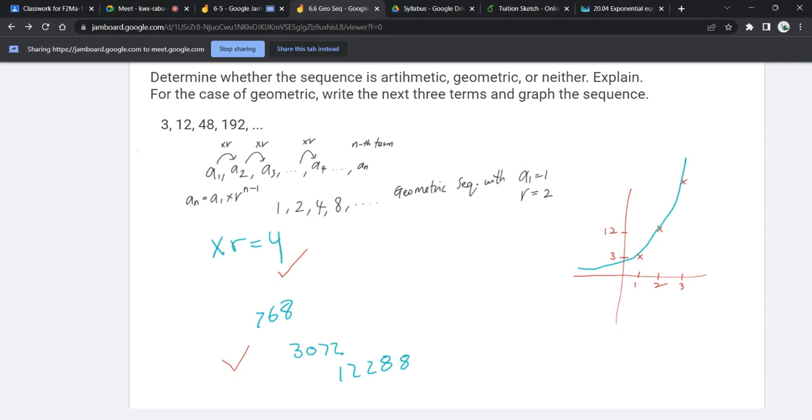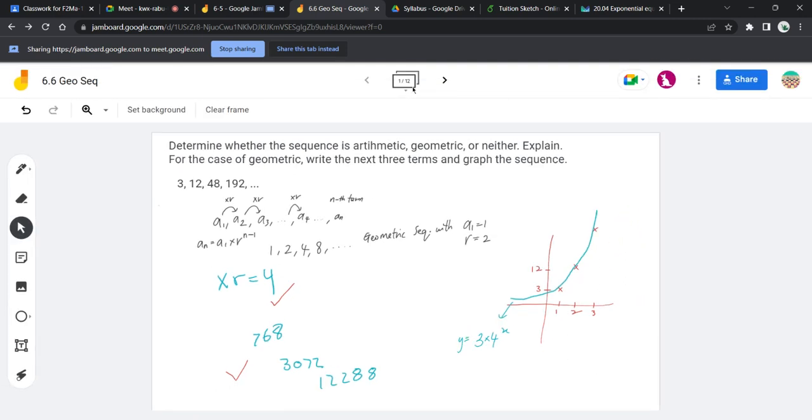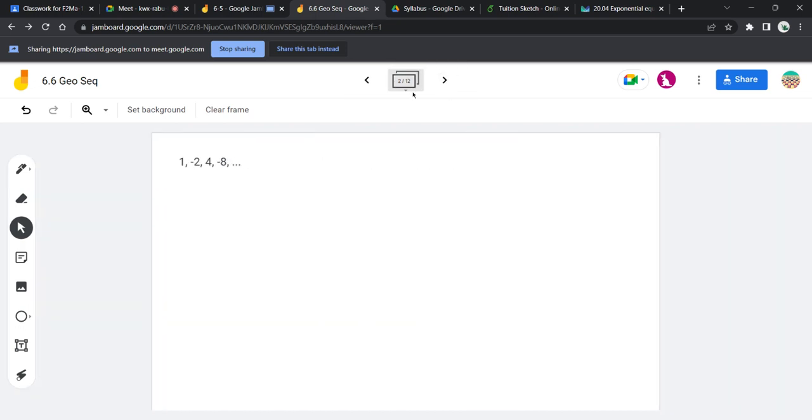Okay, so we can find that this blue function is 4 to the power x times 3.